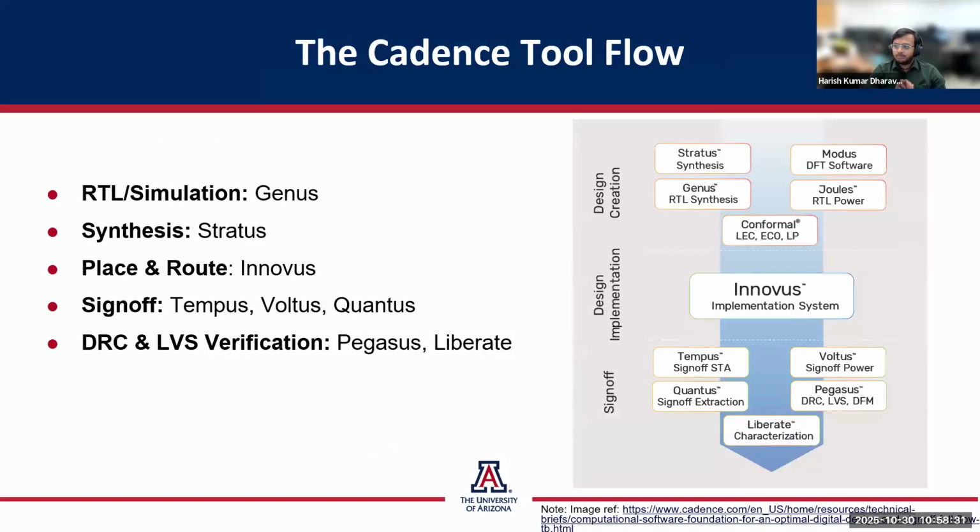Let's talk about the Cadence tool flow. Similarly to the open source tool flow, we are going to use Genus for the first three phases for synthesizing the design, and then Genus, Tempus, Innovus, and Pegasus to sign it off completely.